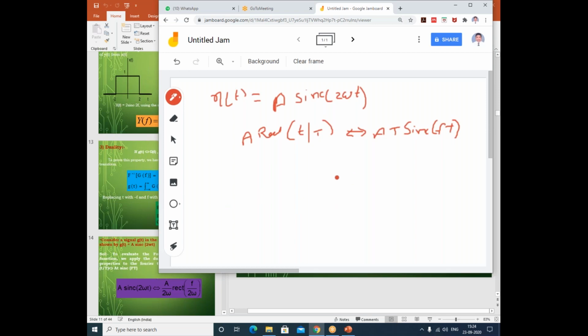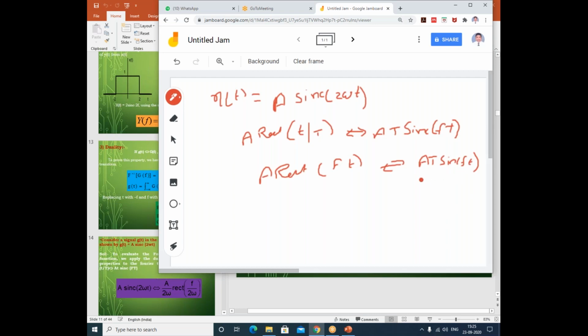So what we'll do is, now you compare this with your problem. Here I can write 1 by T as frequency only. So what I have to do is, 1 by T I can write as f. So A rect ft I can write as AT sinc ft.